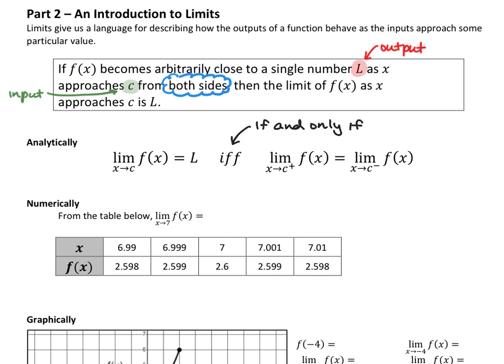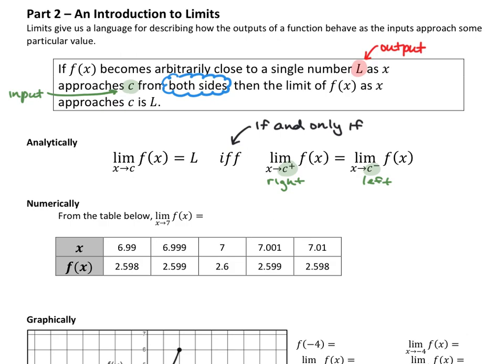If with two F's is if and only if. The right side limit is equal to the left side limit, which means we are going to be looking at the right side and the left side of particular numbers to see what's happening on the graph, to see where the outputs are going towards. And if they're going towards the same number, then the limit is that number.